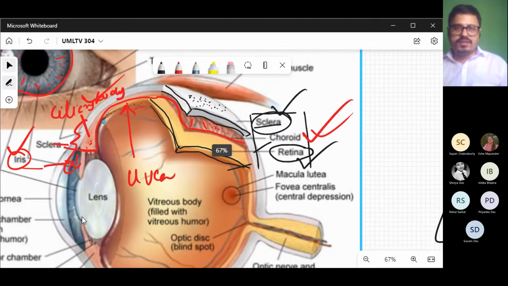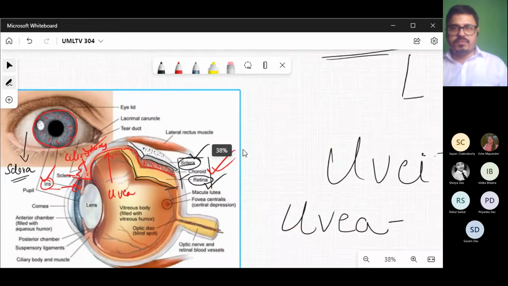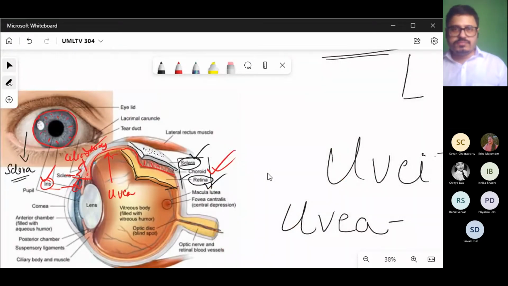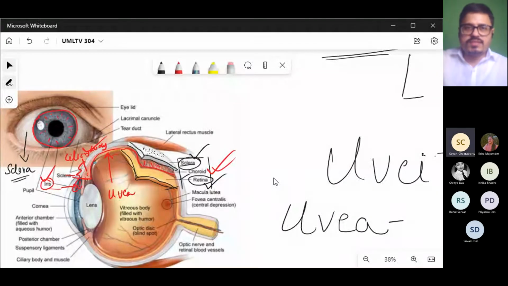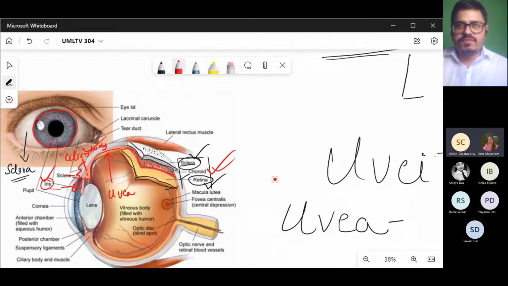Have you ever heard of the term phaco? The ophthalmologist uses this term: phaco surgery, phaco emulsification. Have you heard this before? Phakic laser surgery. Ever heard this term before? Yes, I have heard phaco, but I don't know the meaning.